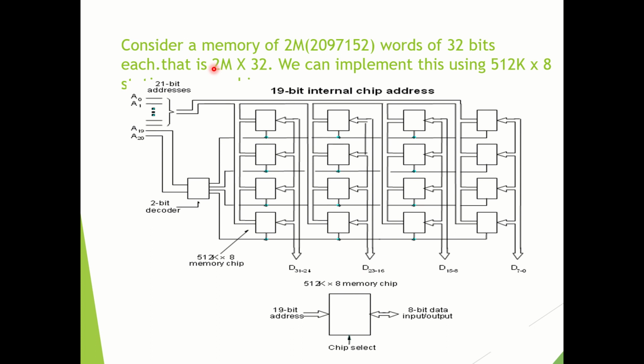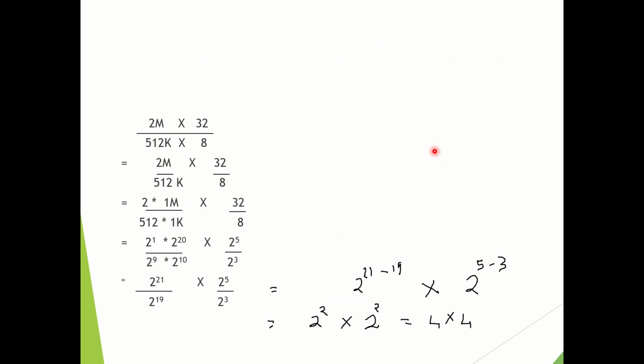So here we are going to design a 2M by 32 memory. That is, the entire capacity of the memory will now be 2M by 32. And how are we going to generate this memory? By using a number of 512K by 8 chips. So first of all we want to find out how many rows and how many columns of such chips are needed, and we use the calculation as discussed here.